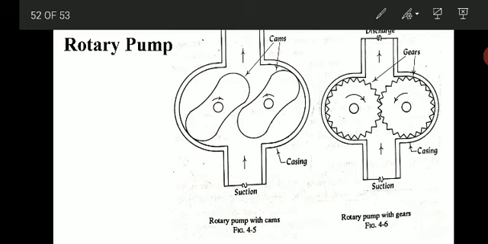This type of pump cannot be used for water which contains sand, silt, clay, etc., because these suspended particles act as impurities and cause wear and abrasion of the cams and gears. This will lead to destruction of the seal between the cam and the casing. So these are all the disadvantages of the rotary pump.